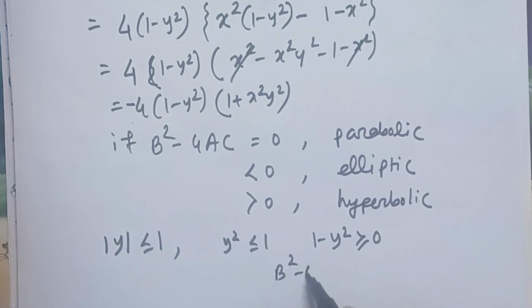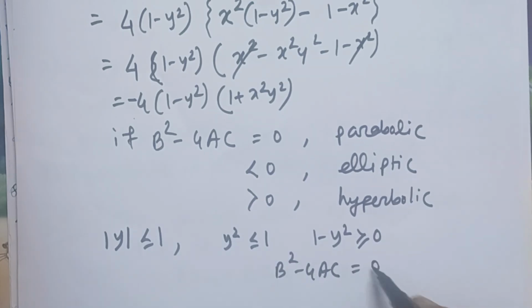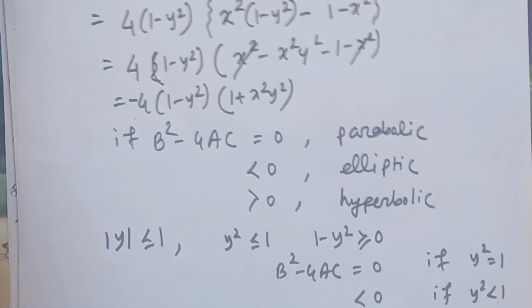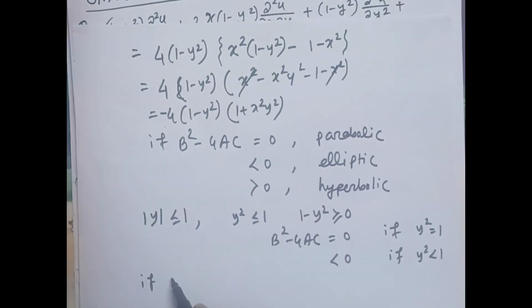So b square minus 4ac equals 0 if y square equals 1, and is less than 0 if y square is less than 1. So it is parabolic when y square equals 1 and elliptic when less than 1.